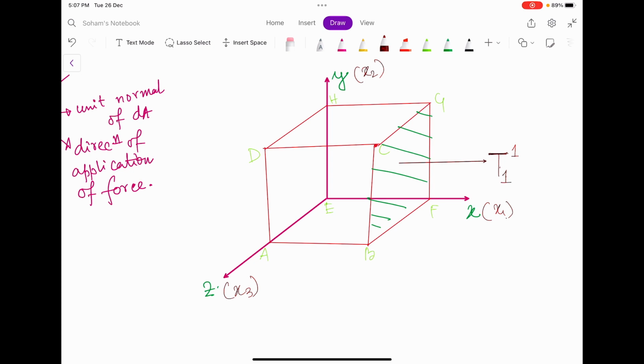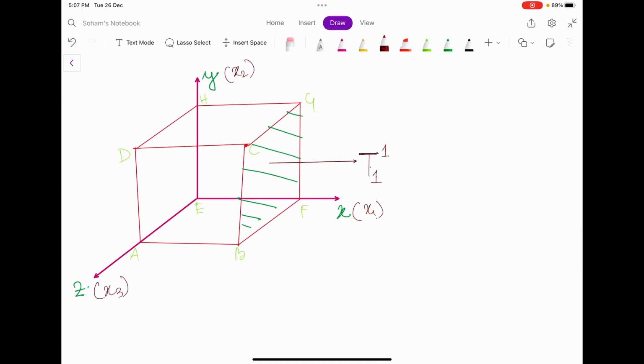So whenever the control volume is having the normals along the directions of the coordinate axis, then the traction vectors, or the force per unit areas, can be denoted by this notation, sigma 11. Or effectively this is sigma ij.